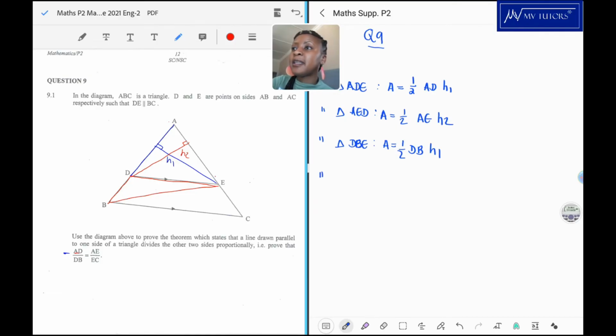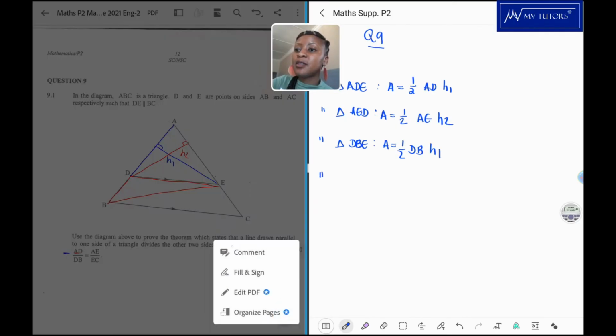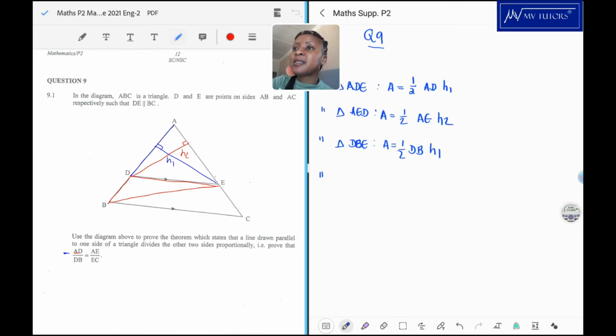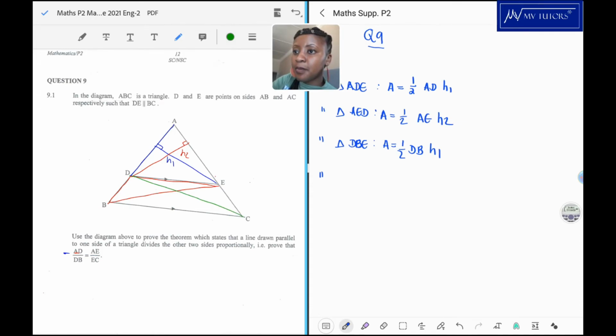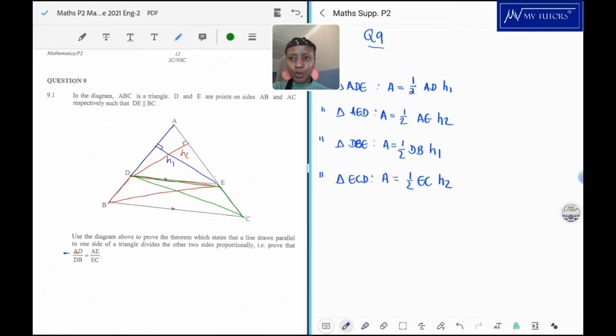And again, if I look at the other triangle on the other side, triangle ECD, the area there will be half base EC, and the perpendicular height will be H2.